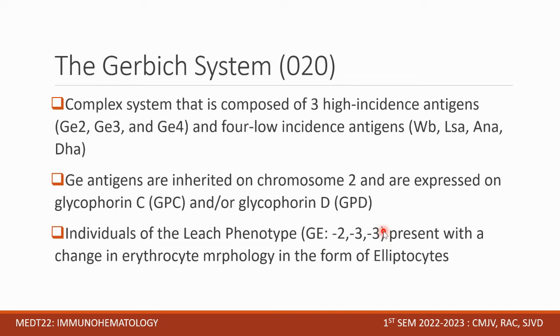Leach phenotype again, negative for all GE antigens 2, 3, and 4. Individuals with the Leach phenotype present a change in erythrocyte morphology in the form of elliptocytosis or elliptocytes.